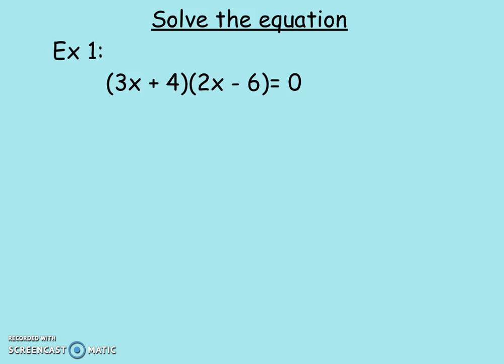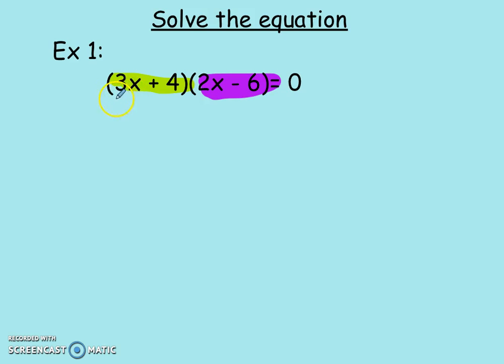This is the zero product property. That's very helpful when we get to something like this. If two things are multiplying together to be 0, then one of those two things has to be 0. So either 3x plus 4 equals 0 or 2x minus 6 equals 0. We need to figure out both possibilities.